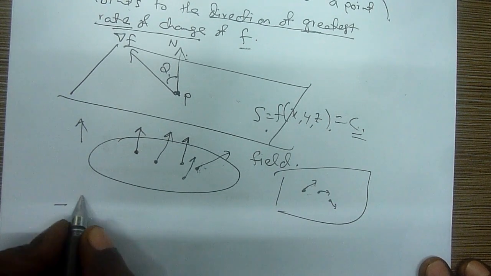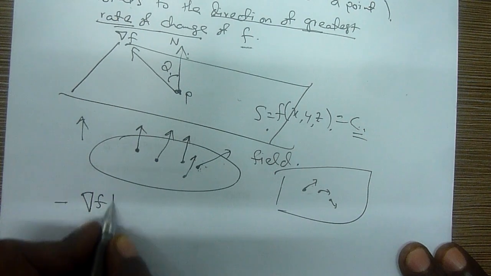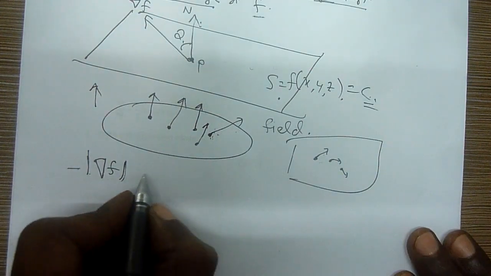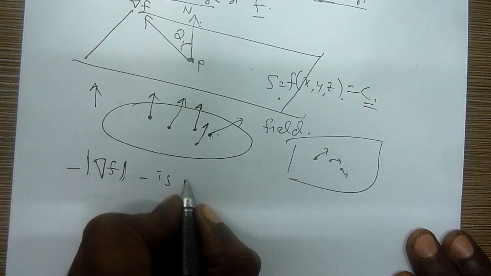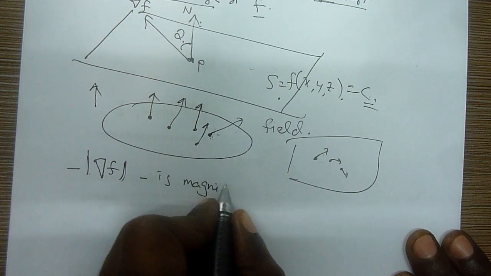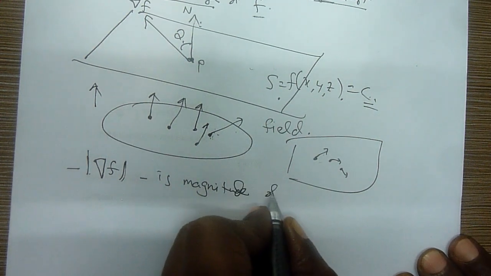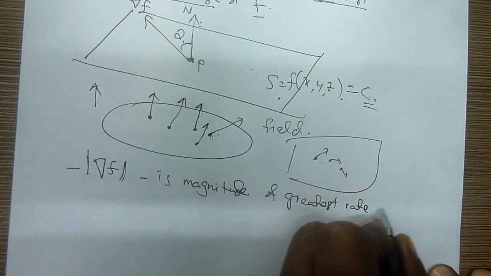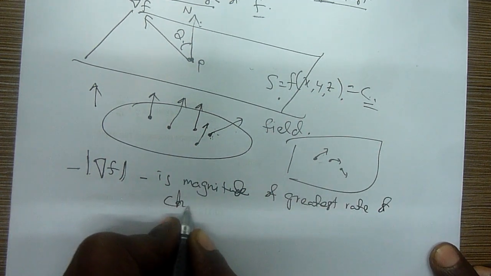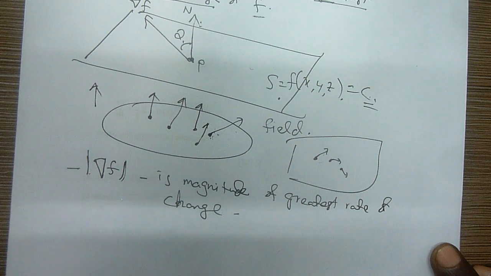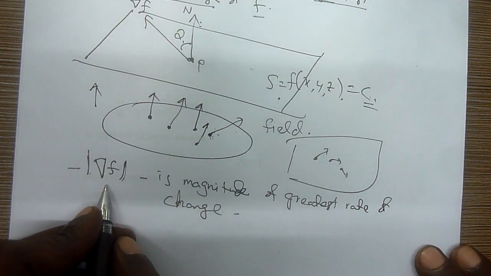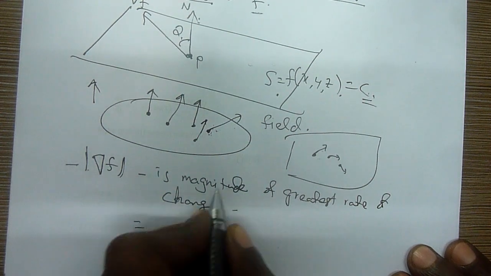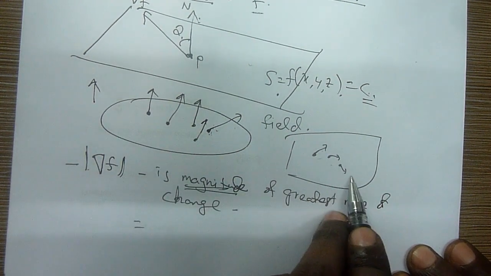And the nabla f, the modulus of this will give you its magnitude, the magnitude of the greatest rate of change. Therefore, when you use this, you are able to get the magnitude.